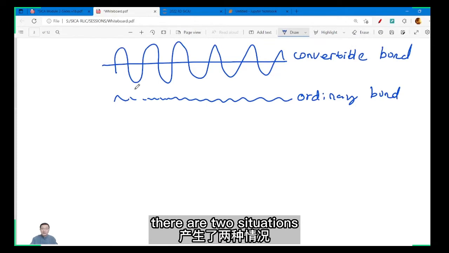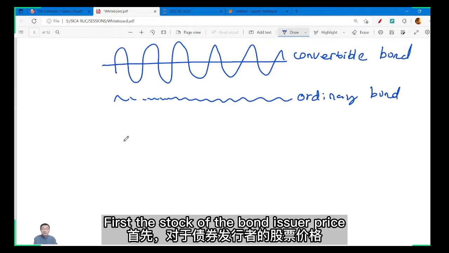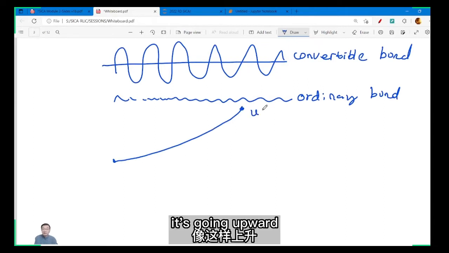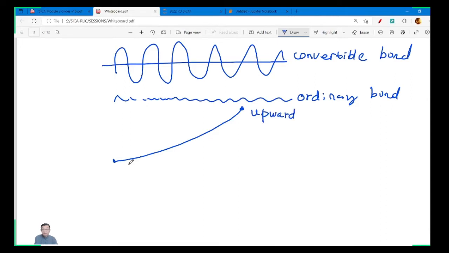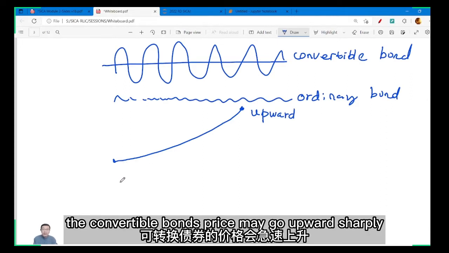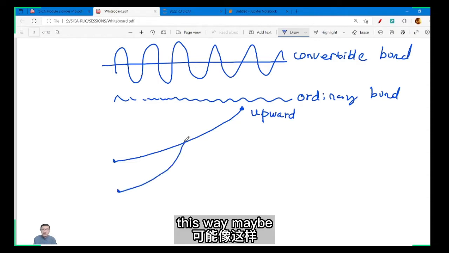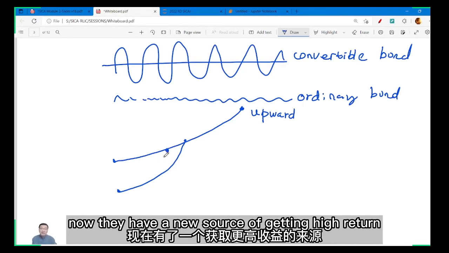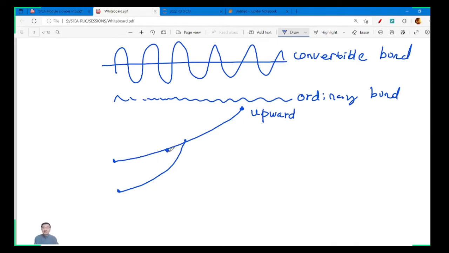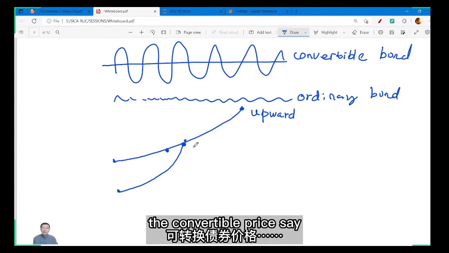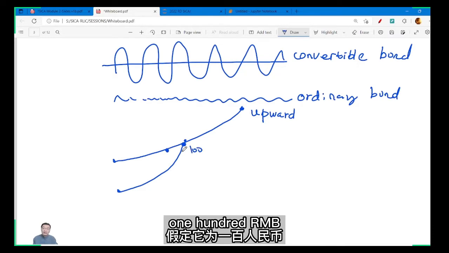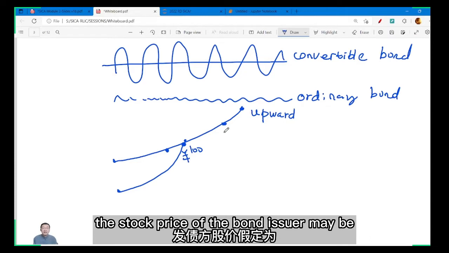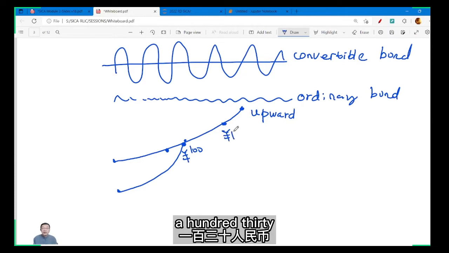There are two situations. First, if the stock price of the bond issuer is trending upward, the convertible bond price may go upward sharply. Why? Because the convertible bondholders now have a new source of getting high return. For example, the convertible price is, say, 100 RMB, while in the meantime the stock price of the bond issuer may be 130.